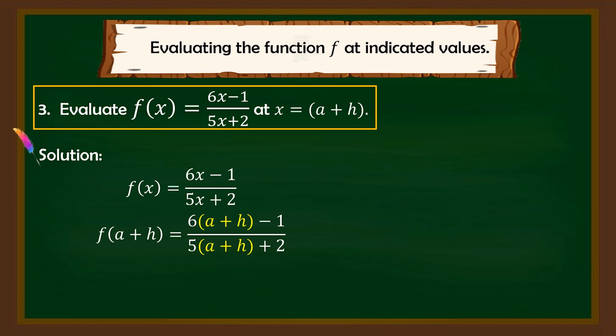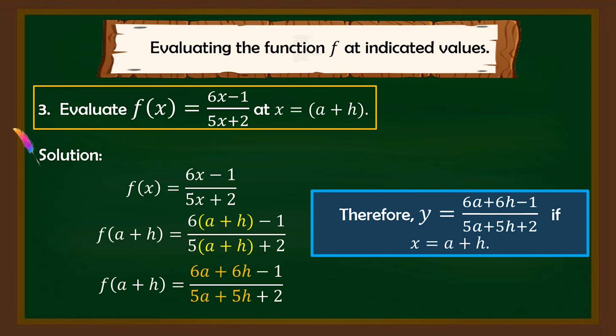Then simplify. So we have f of a plus h is equal to 6a plus 6h minus 1 over 5a plus 5h plus 2. Since we cannot simplify this one any further, therefore y is equal to 6a plus 6h minus 1 over 5a plus 5h plus 2 if x is equal to a plus h.